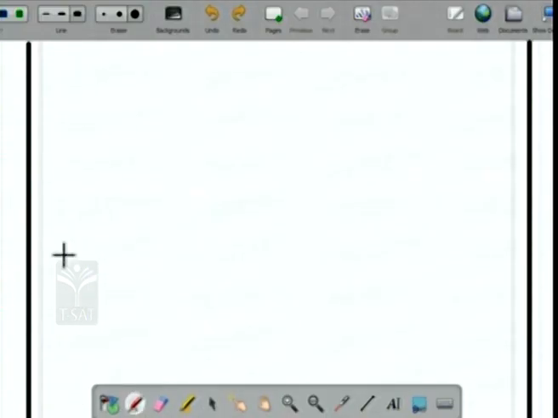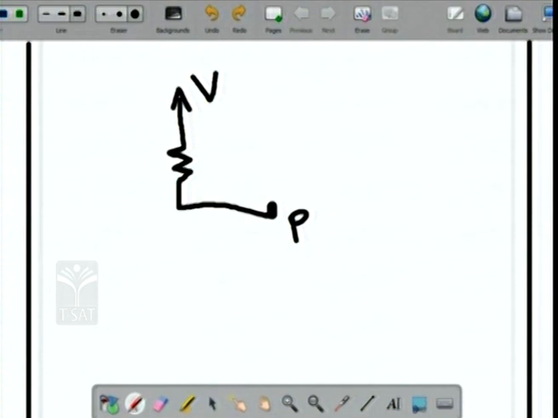Now, let us say I have a logic diagram over here, and this is the resistance of your PMOS device, and you have some voltage V over here, and this is the point P. Let us say a current I is flowing here.